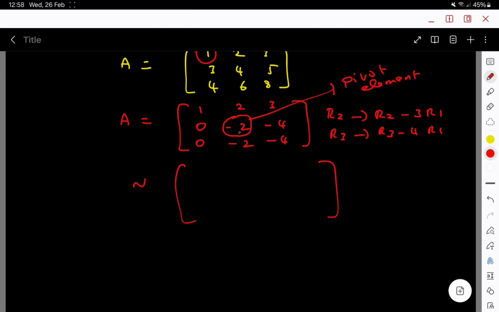Now using this minus 2 in the second row, we change the minus 2 in the third row into 0 by the same operations. Both numbers are the same, so just directly subtract. So now write R3 implies R3 minus R2. There is no need to multiply any scalar with the second row because both numbers are the same. So we subtract.